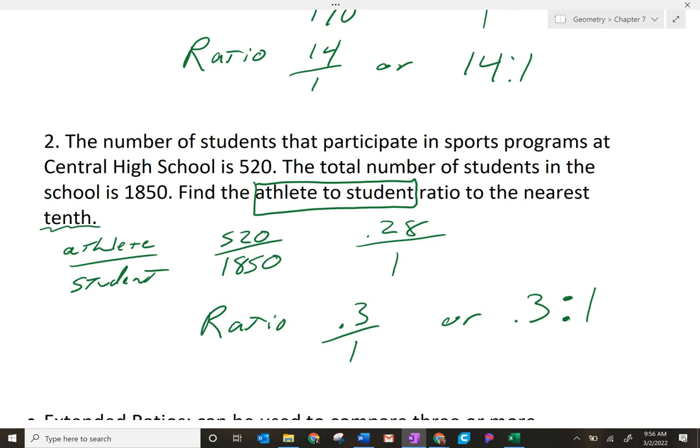We've got 20 students inside this class. How can I figure out about how many students are going to be athletes? Using this exact same ratio, any thoughts?